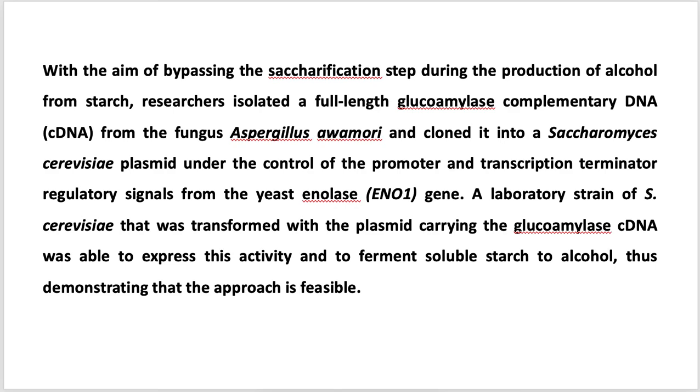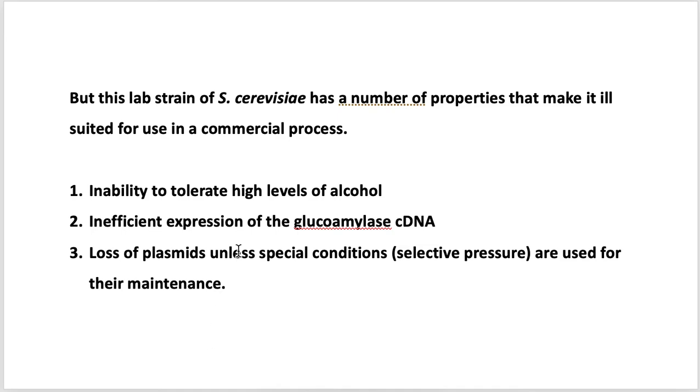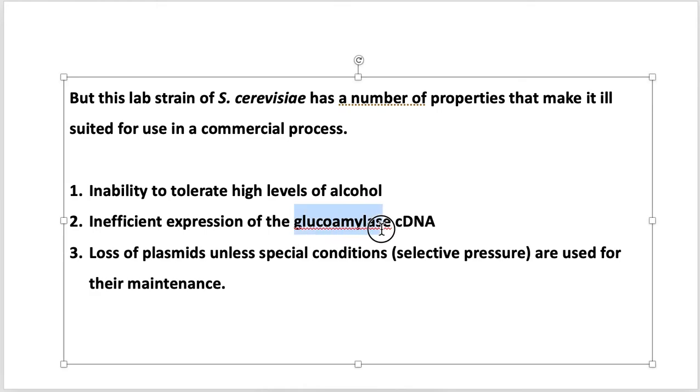Now, again, it sounds very nice, but this strategy also has problems. The problem is, the Saccharomyces cerevisiae strain cannot tolerate high levels of alcohol. So if the level of alcohol is high in the fermenter, then their efficiency gets reduced greatly. Another problem is that this recombinant Saccharomyces cerevisiae doesn't produce a good amount of glucoamylase.